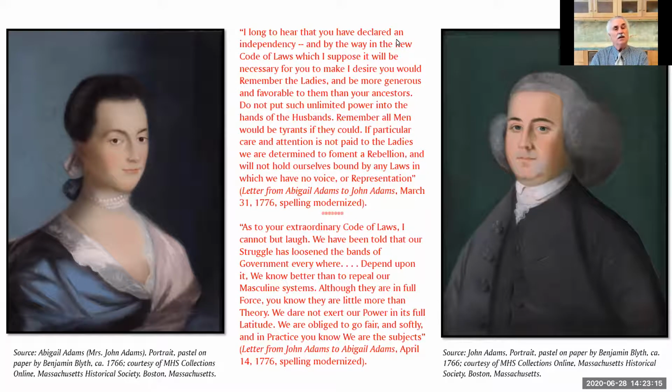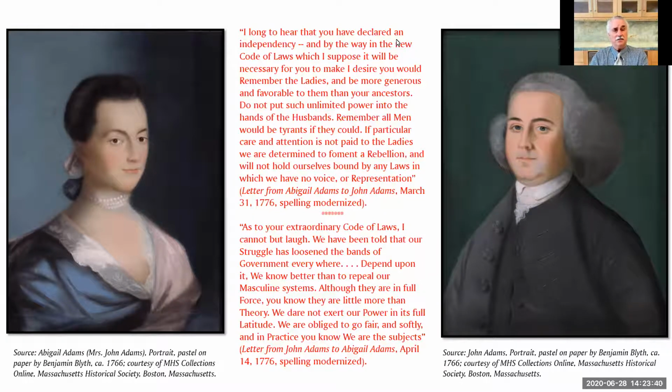What's surprising but not shocking is his response, which he probably never thought would be made public. Several weeks later, he said, "As to your extraordinary code of laws, I cannot but laugh." In other words, he said, "You're kidding, right? Are you joking? We have been told that our struggle has loosened the bands of government everywhere.